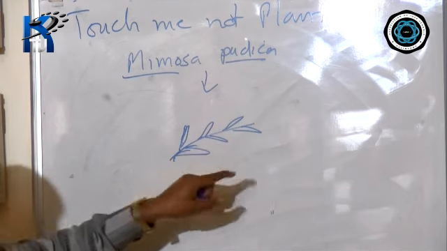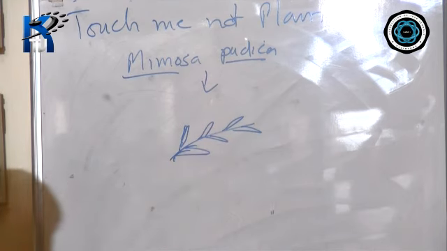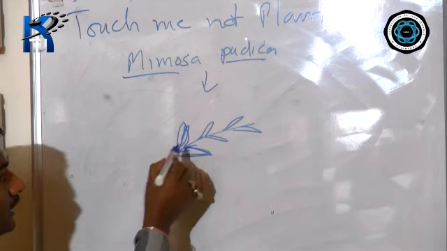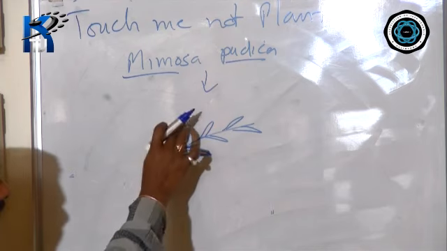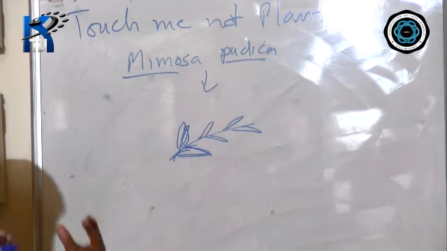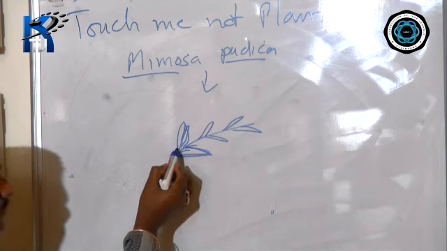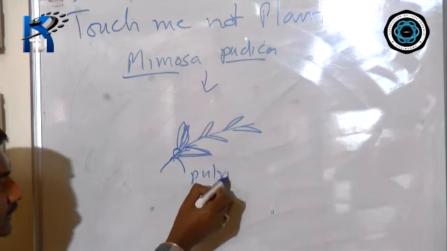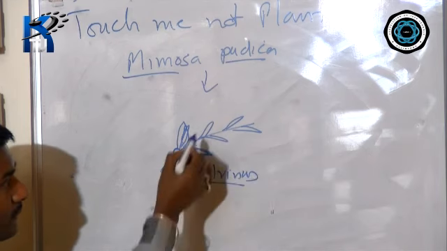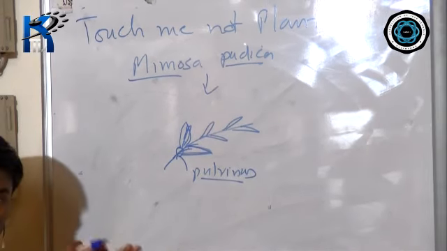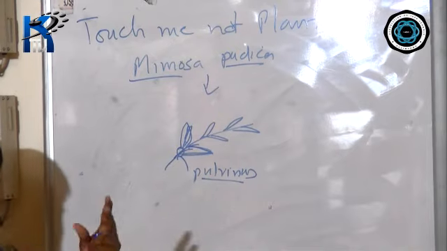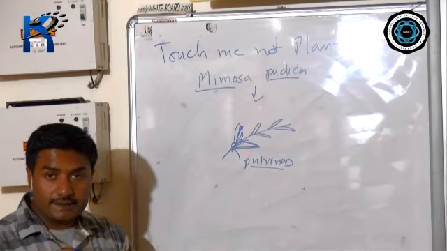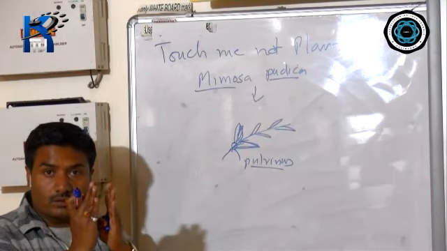The leaf closes because the turgor pressure decreases. It is due to the turgor pressure that the leaves are open. But when you touch this plant, the turgor pressure decreases. That means the water, where does it go? It goes to one of the structures in the plant called the pulvinus. When the water goes to the pulvinus region, the turgor pressure of the leaf decreases, and due to that, the leaf closes up.